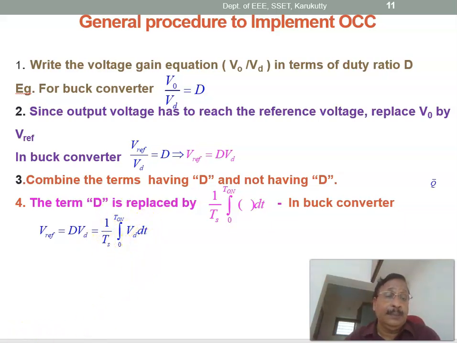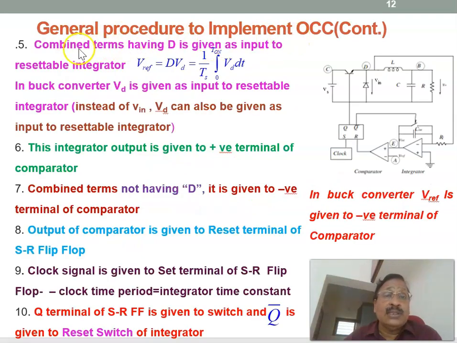Continuing the general procedure, the term having D is given to the input of the resettable integrator. That is, whatever the terms inside D; for example, in this case, Vd is the input. Though it is given from this point, it is equivalent to taking it at this point. Both are equal. When I simulated, I took it from this point only, but both will work.